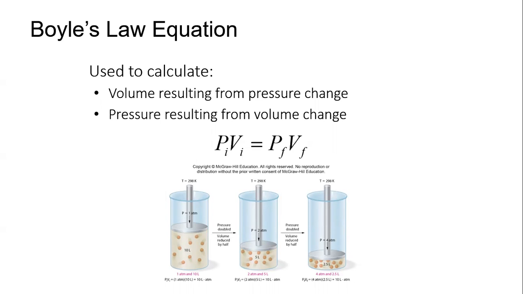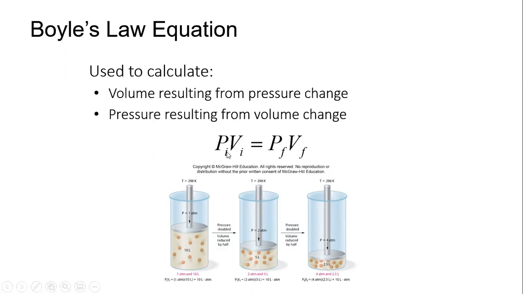So we know the initial pressure and volume, and we want to change the pressure, we can calculate the new volume. If we know the pressure and volume initially, and we want to change the volume, we can calculate the new pressure. So this is the equation we're going to use to calculate what the new pressure or volume will be from its initial values.